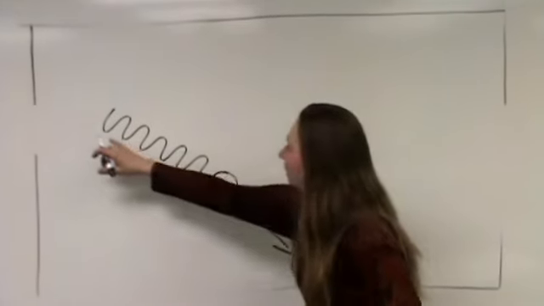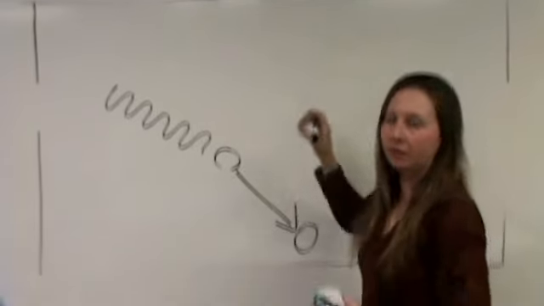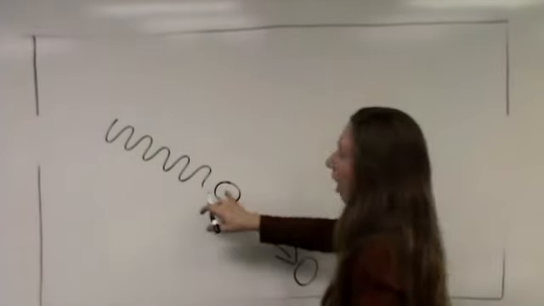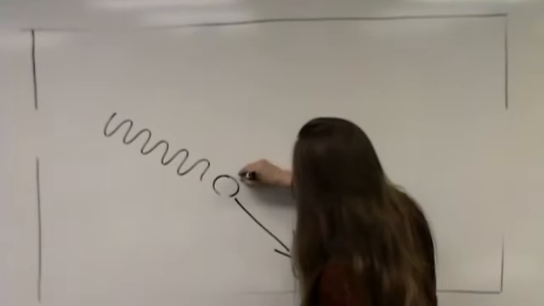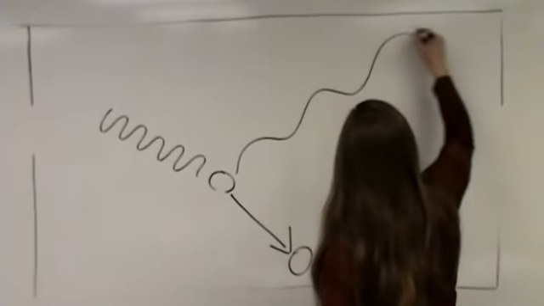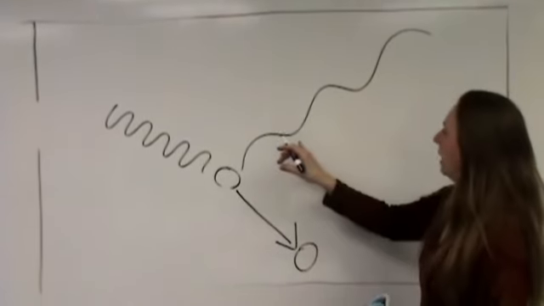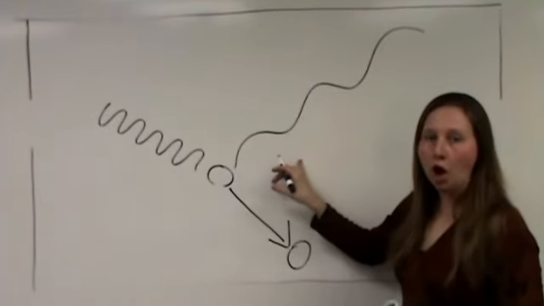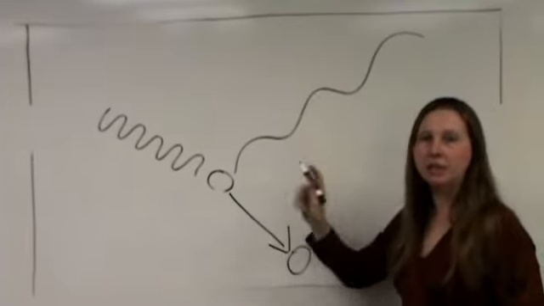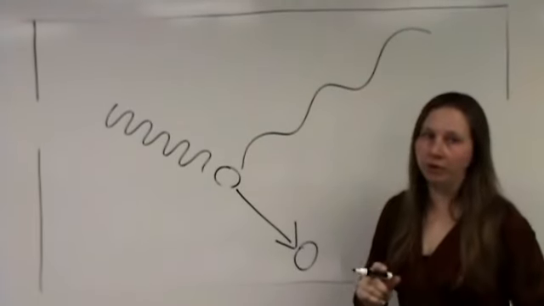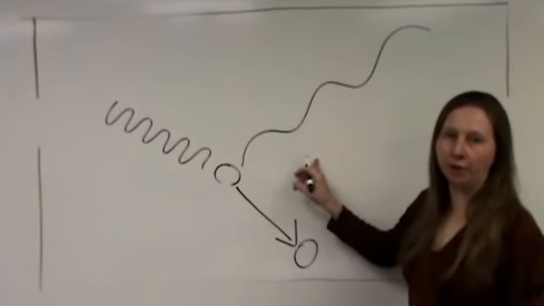And the light wave will reflect or rebound off the electron with a longer wavelength. Now, perhaps you know that a longer wavelength implies a lower frequency and therefore lower energy.